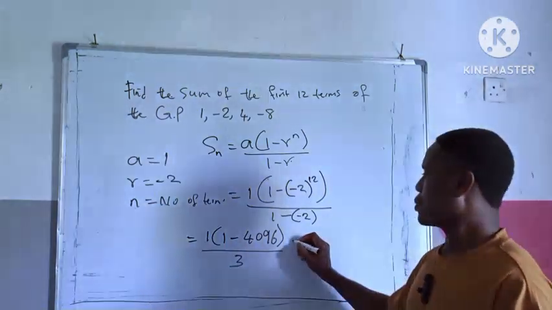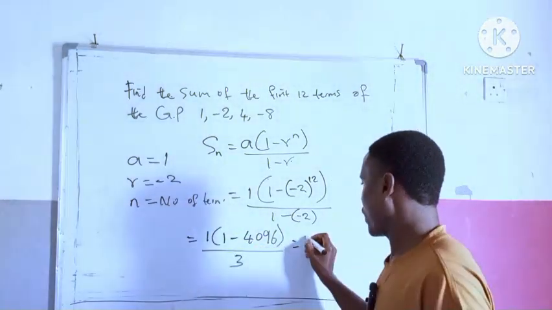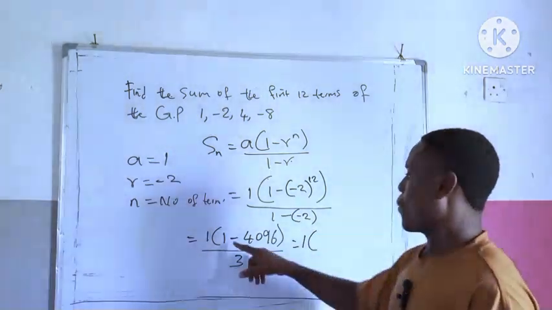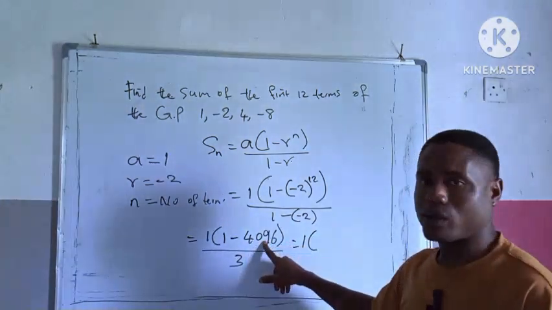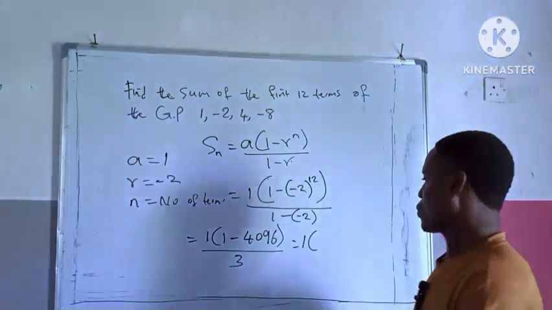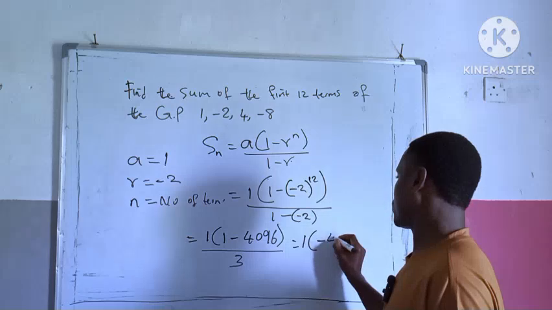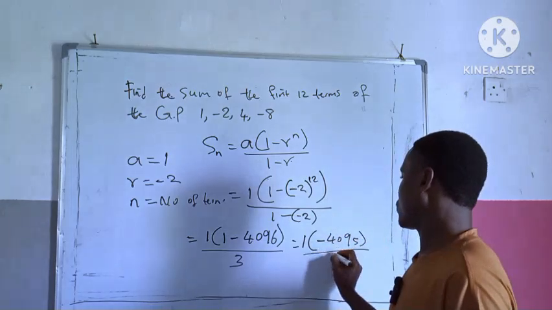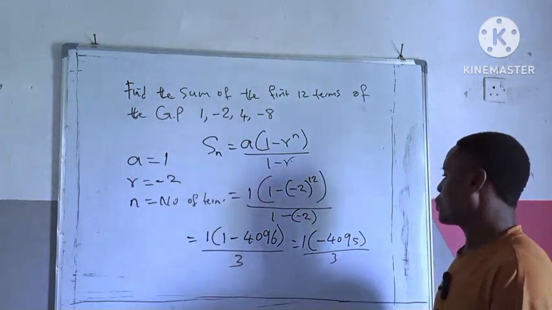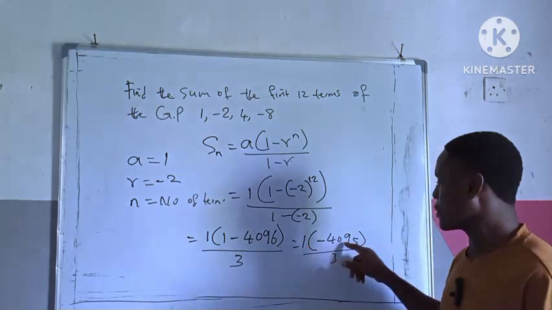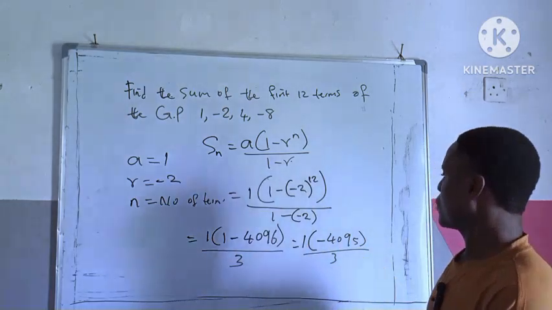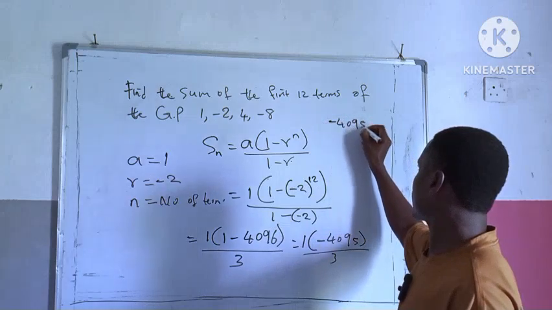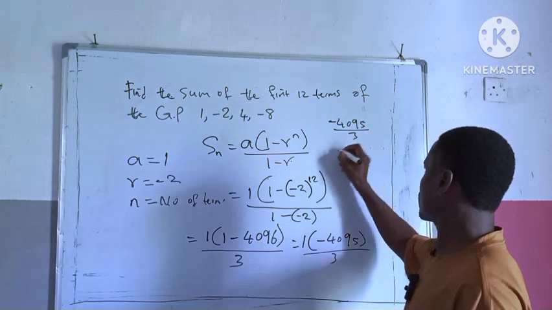Let's continue. So equal to 1 minus 4096 will give us minus 4095, all over 3. Once you open the bracket, 1 times this will still give us this, minus 4095 over 3.